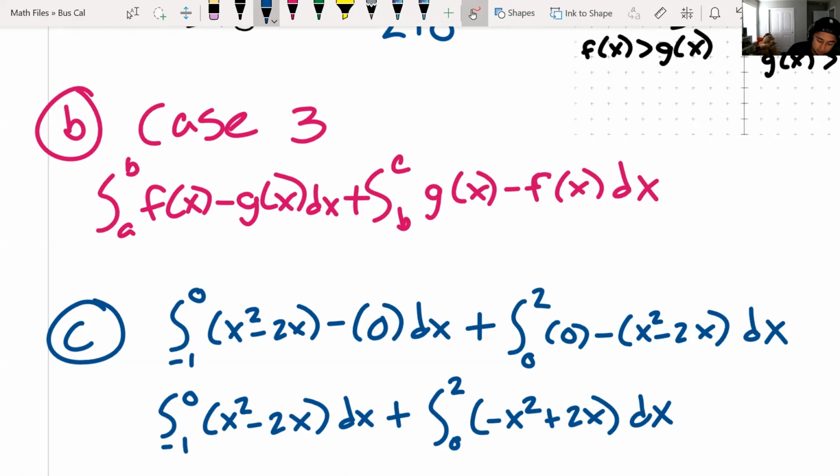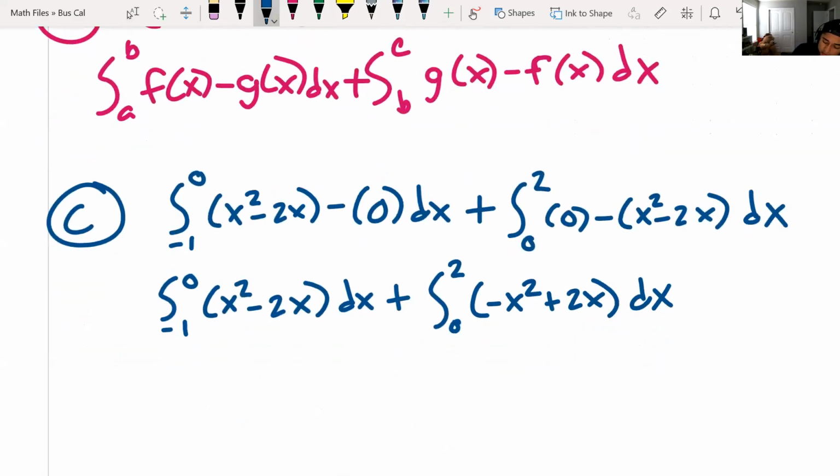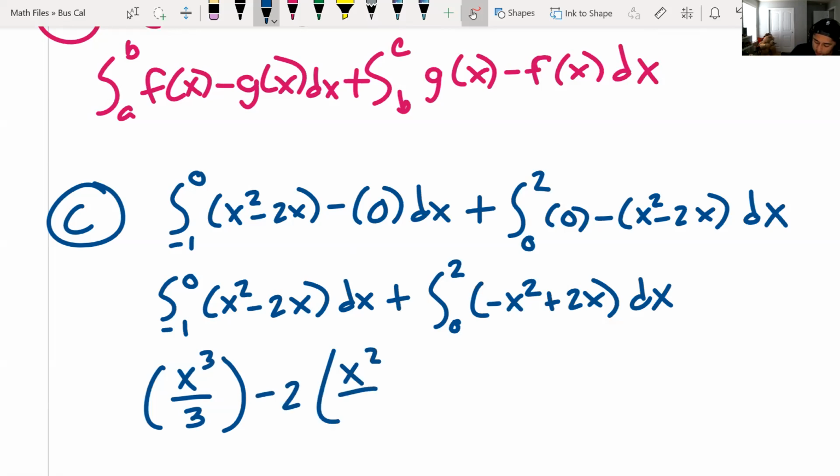Okay, we are now ready. We'll start with the first integral, which means that x squared becomes x cubed over 3 minus 2 times x squared over 2. And this is being evaluated from -1 to 0.